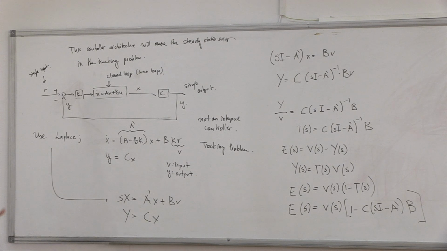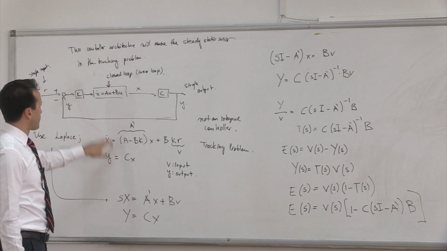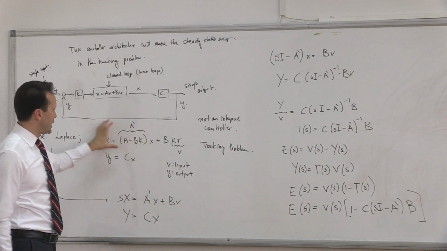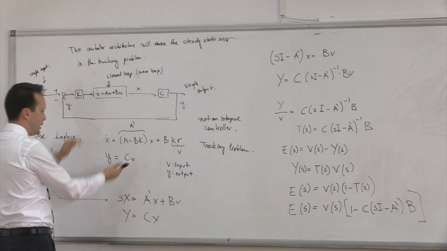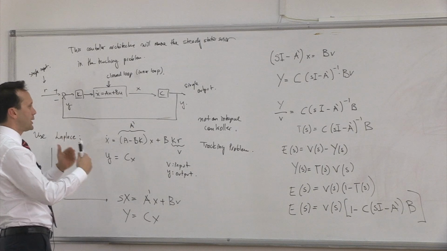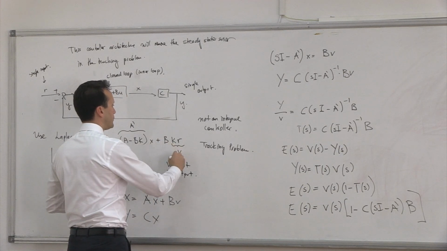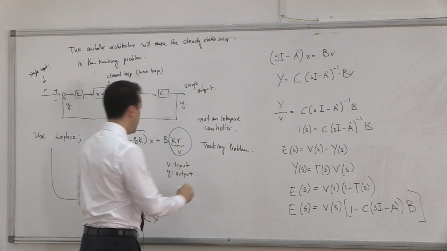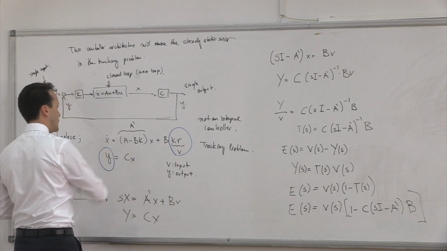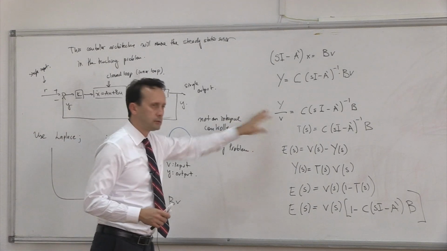So, let's look at this. We just wrote this. We said this is our new state space representation. And now I'm going to look at the relation. We are looking at the transfer function between the input, V, and the output, Y. It's over here.